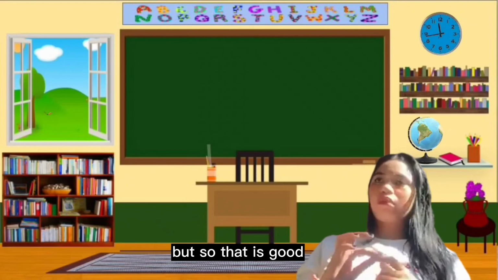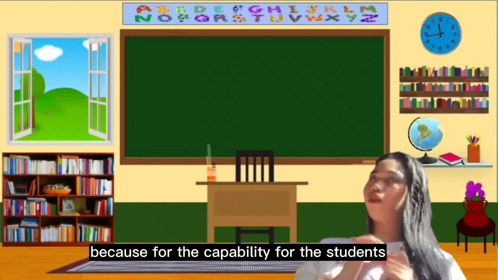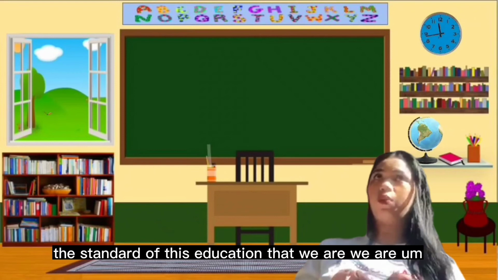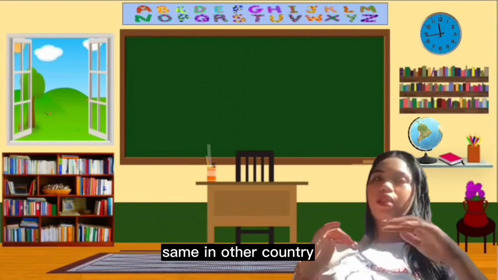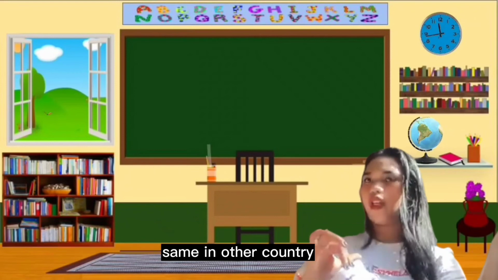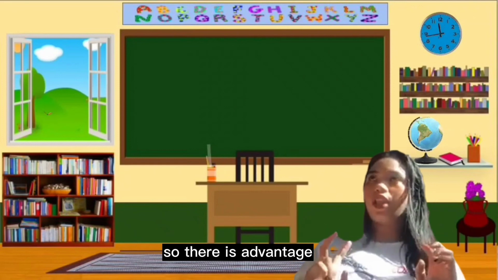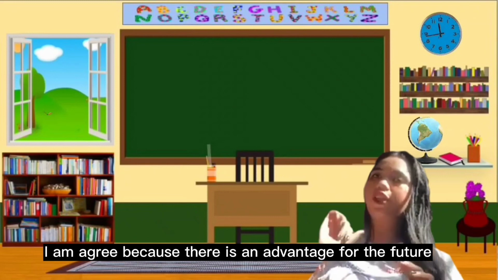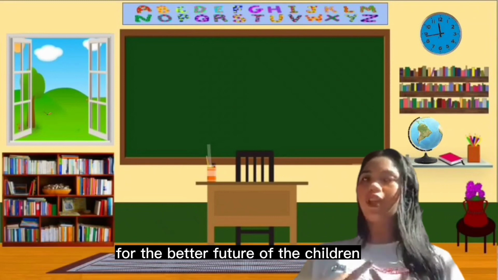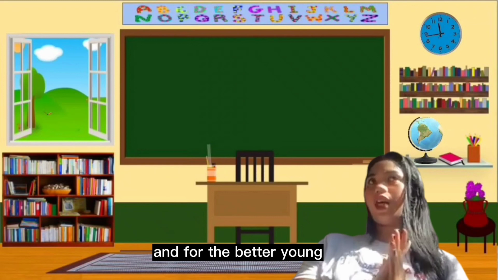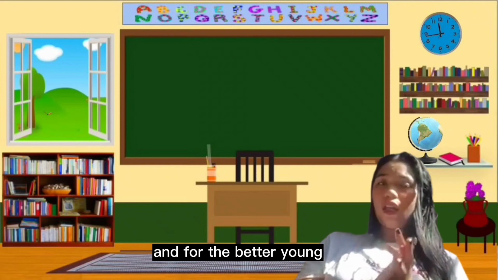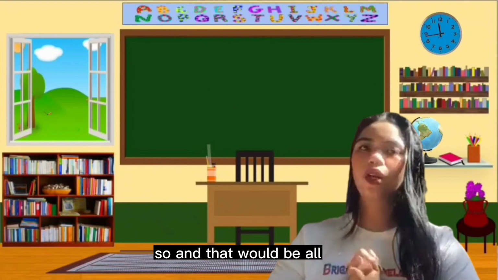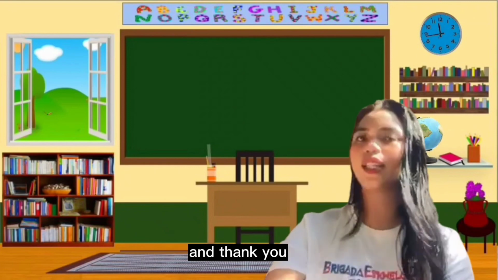But that is good because for the capability of the students, the standard of this education is the same as in other countries. So there is an advantage. I agree because there is an advantage for the future, for the better future of the children, and for the better young people. So that would be all, and that's all my explanation, and thank you.